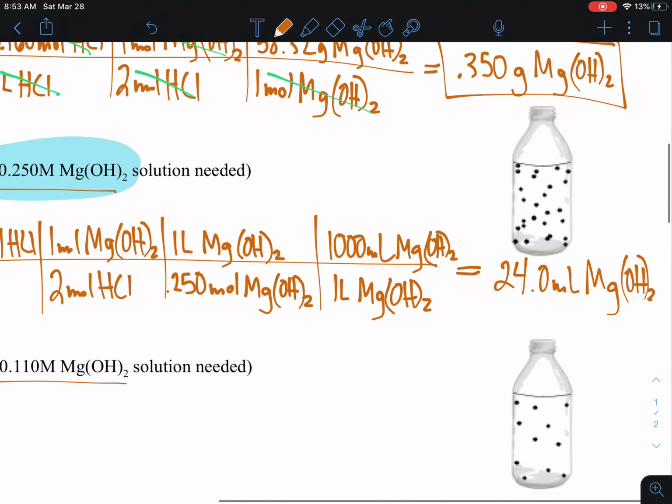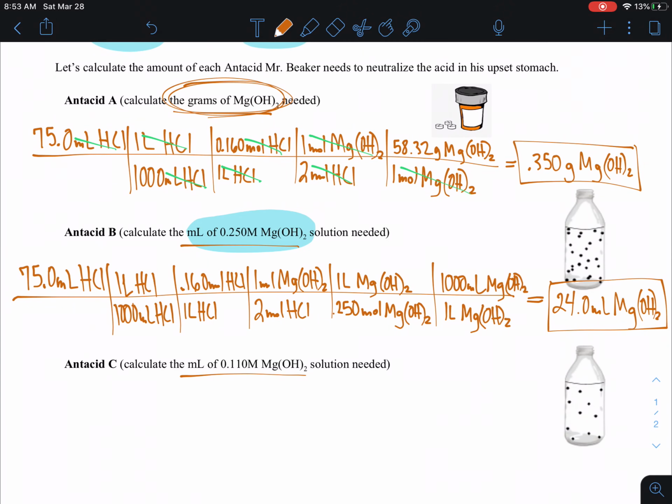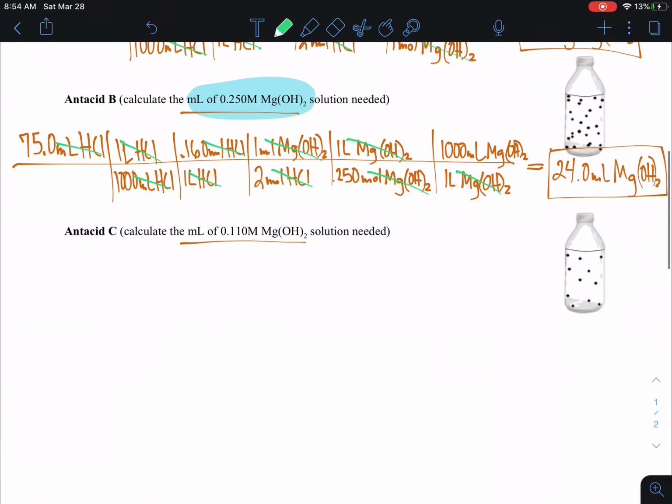That's like a decent sized sip. So there we go. And we'll notice that all of our units, milliliters of acid, liters of acid, moles of base, liters of base will all cancel out, and then we end up with milliliters of magnesium hydroxide.